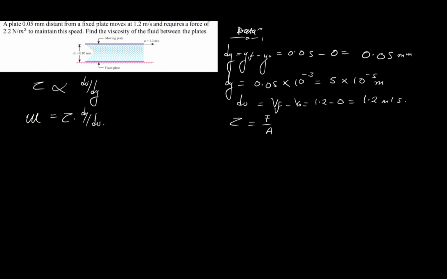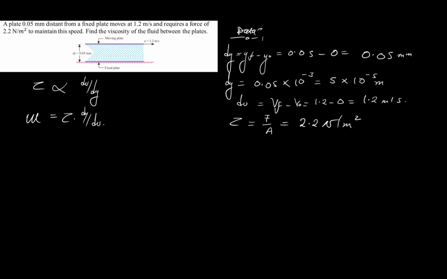Now, when we say newtons per meter squared, we're illustrating exactly what the shear stress is, because it's force over area. Force is newtons, area is meter squared. So the value given in the question is the shear stress, which is 2.2 newtons per meter squared.